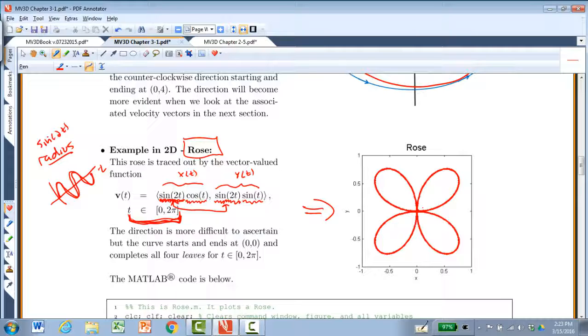Initially my radius is 0, but then my radius gets bigger and bigger, and then starts heading back down to 0 again. Now as I head into the part of my domain for t from pi over 2 to pi, the radius suddenly becomes negative. So I'm actually down here. It's getting negative big, then it's negative 1, then it gets negative and smaller, and that brings me back to the origin again.